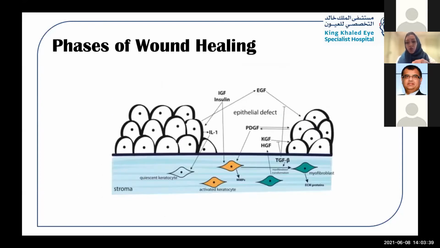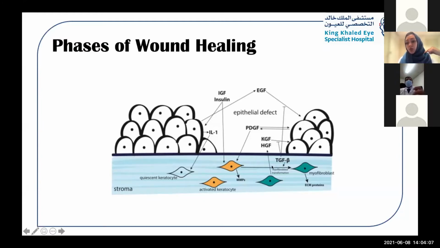Here is a zoom in for the first stage of the corneal wound healing, where once there is a break, the interleukin-1 cytokines start to activate the keratocytes. Platelet-derived growth factors also modulate the proliferation and migration of the cells.